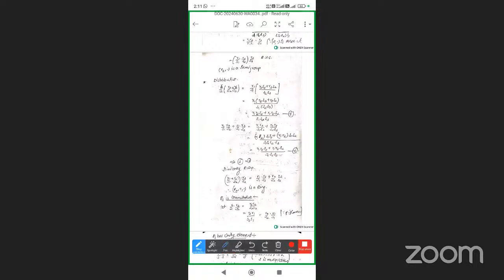Now the distributive property. R1 by S1 dot R2 by S2 plus R3 by S3 is equal to R1 by S1 times R2 S3 plus R3 S2 by S2 S3.